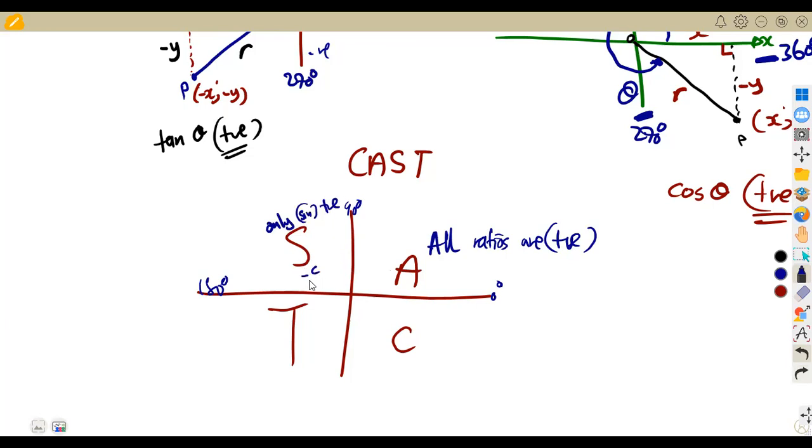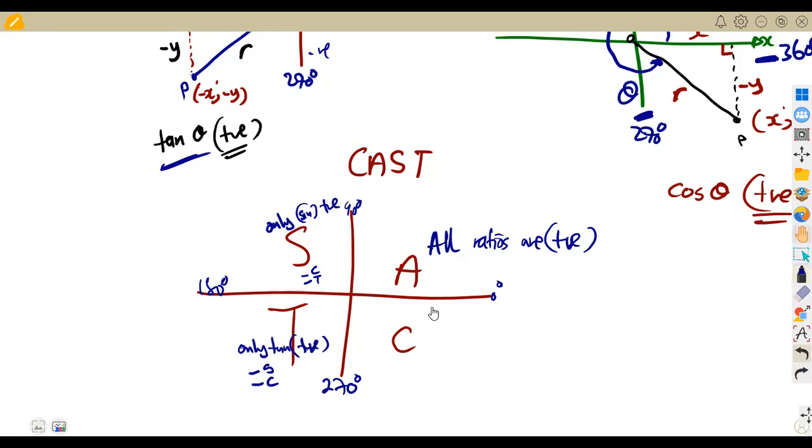Cos is going to be negative, tan is going to be negative. And in the third quadrant, T is for tan. From 180 degrees up to 270 degrees, it's only tan which is positive, just like what I explained there. So what is going to happen with sine? It is going to be negative. What about cos? It is going to be negative.